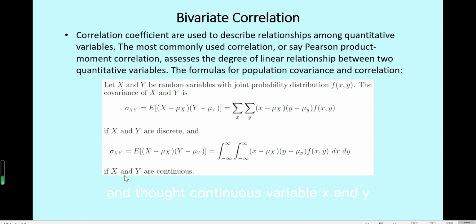And for continuous variables x and y, the covariance sigma xy can be calculated as the integral of (x minus mu x) times (y minus mu y) times the joint probability distribution f(x,y), over dx and dy for all available values of x and y.